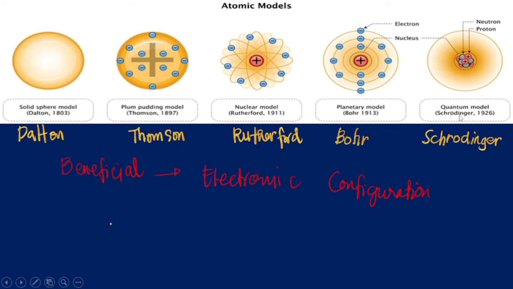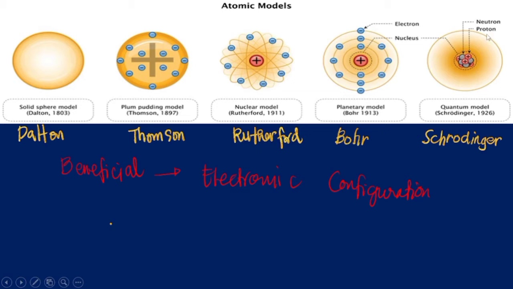And the latest model of the atom was proposed in 1926 by Schrödinger, and he called that model the quantum model, wherein the nucleus is composed of positively charged particles, called protons, and neutral particles called neutrons.